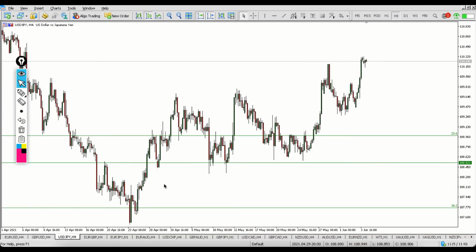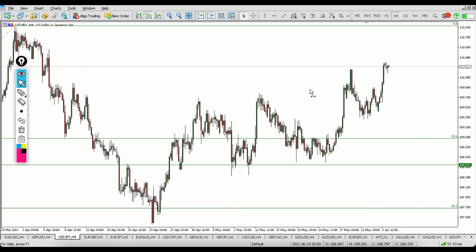Okay, now recently we haven't traded the dollar yen pair directly, but we've decided to get involved in other positions across the yen cross pairs, because as you can see, price action here on dollar yen is kind of choppy, so we knew it's not going to present us with the clear decent setups that we're looking for.